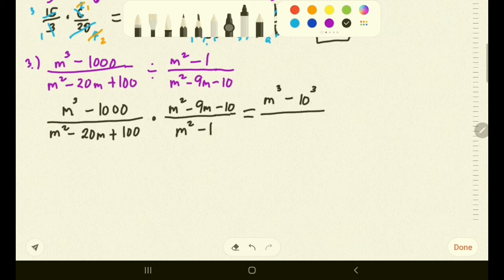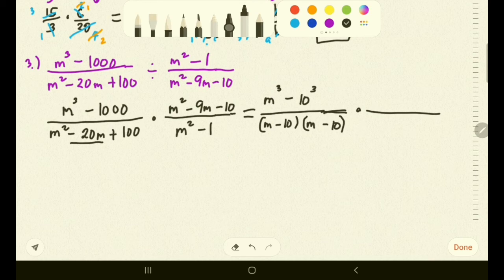For the trinomial m squared minus 20m plus 100, there is no GCMF, so proceed to factoring trinomial. Expect 2 binomial factors: m and m for m squared, and to get negative 20m and 100, you have negative 10 and negative 10.